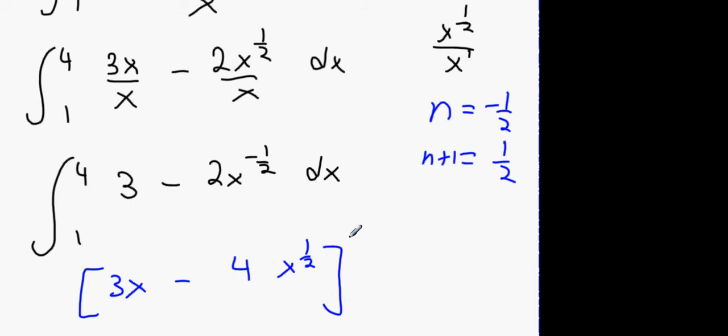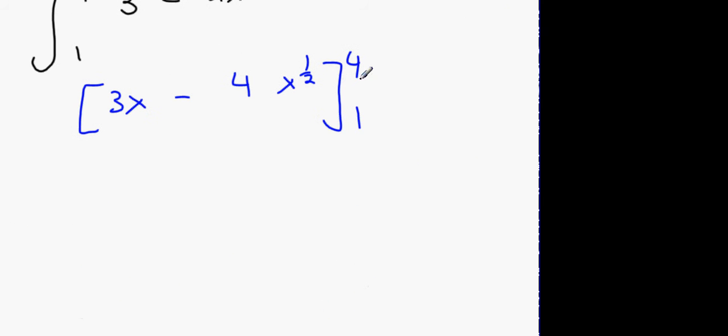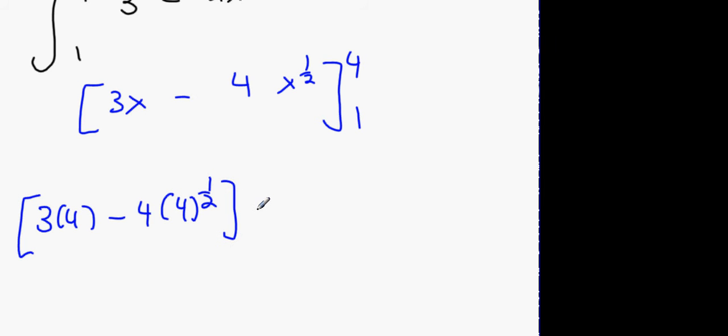Now you have your two limits, 4 and 1. Can anybody tell me what you do with the first limit, 4? 3 times 4 minus 4 times 4 to the power of a half, minus, anybody? 3 times 1 minus 4 times 1 to the power of a half.